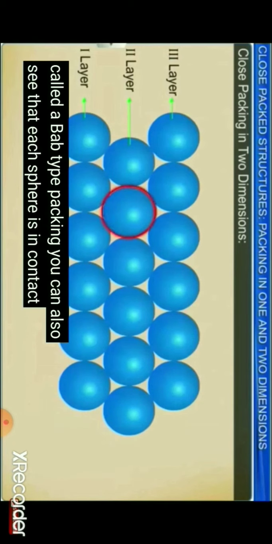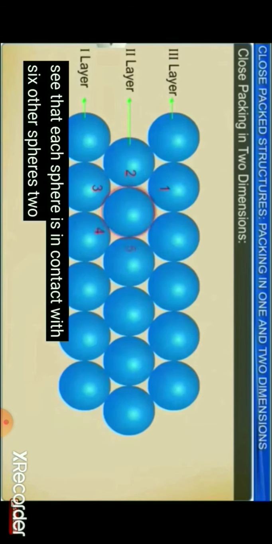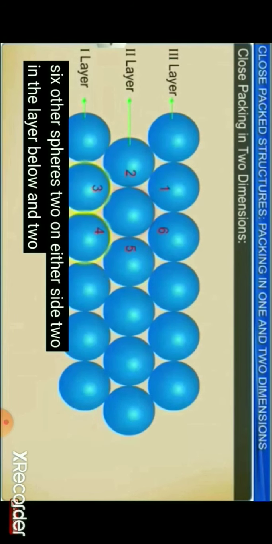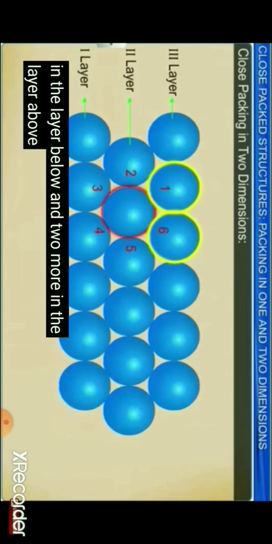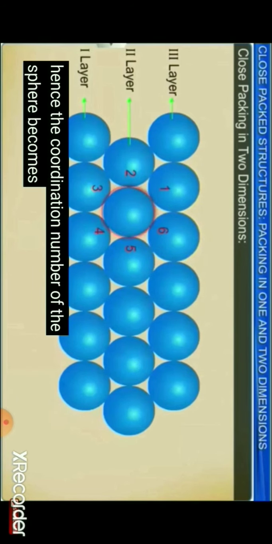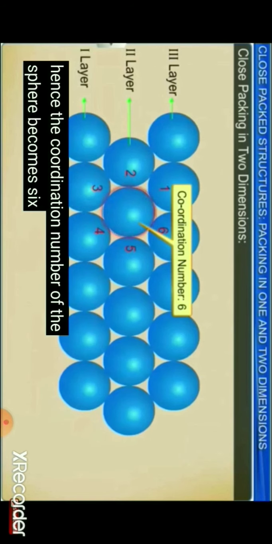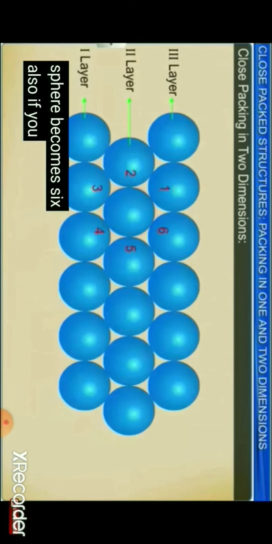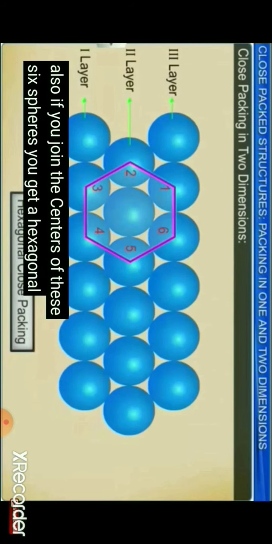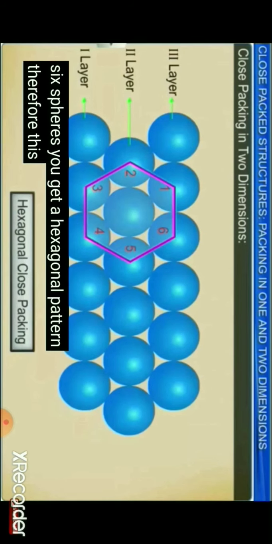You can also see that each sphere is in contact with 6 other spheres, 2 on either side, 2 in the layer below and 2 more in the layer above. Hence, the coordination number of the sphere becomes 6. Also, if you join the centers of these 6 spheres, you get a hexagonal pattern.